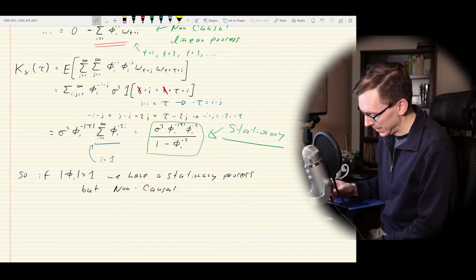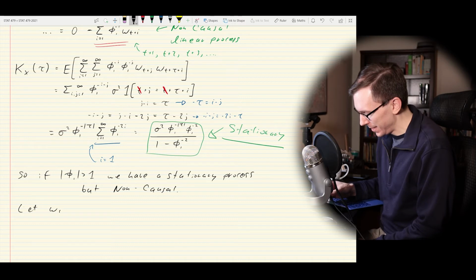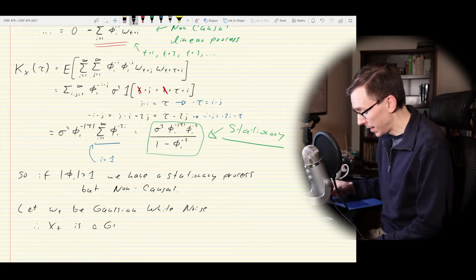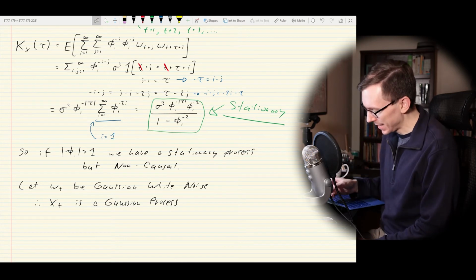So what we're going to say is let WT be Gaussian white noise. Therefore, XT is a Gaussian process. And there's something very special about a Gaussian process.